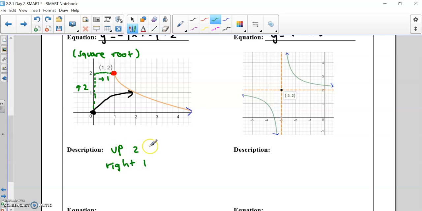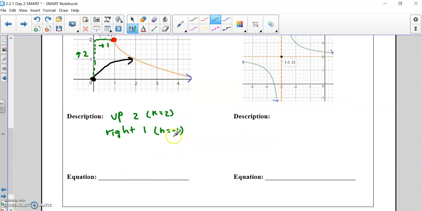Now again, up and down means you have a k value. It's going to be +2 because we moved up 2. Left and right means we have an h value. Because we're moving to the right, it's going to be negative. I really hope you guys are getting comfortable with the fact that k is not opposite. Okay, k does what your heart wants it to, whereas h does not. Okay, and also, it flipped.